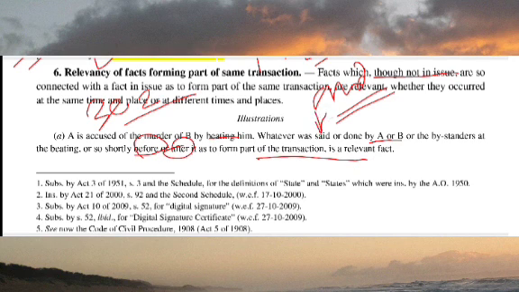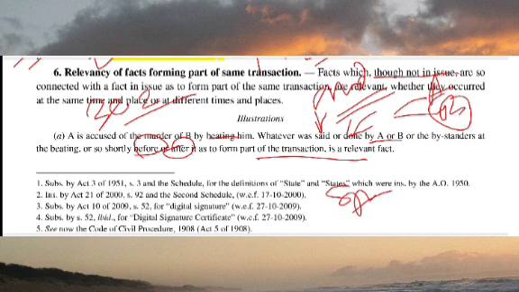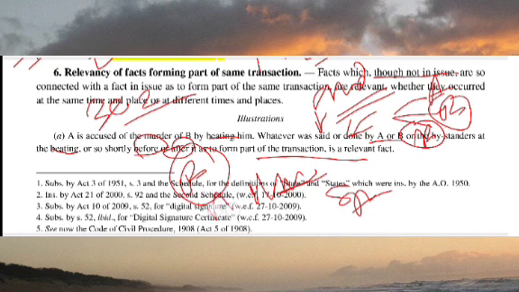Said means something spoken orally, by words, or done, that is the conduct. Whose conduct is relevant? A, who caused the murder; B, who was murdered; and bystanders, who might be eyewitnesses or other people. So shortly before or after the murder or the act, what B and A said or did, as to form part of the same transaction, is relevant.